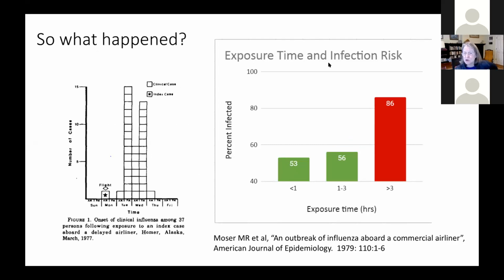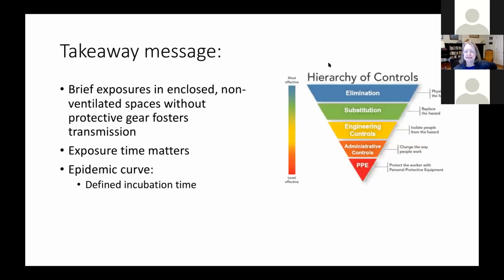And the attack rate, the percent of people who were infected, went up tremendously depending on how long they were exposed. Next slide. So the takeaway message from Homer, Alaska and the airplane is that brief exposures in enclosed, non-ventilated spaces without protective gear can foster transmission, and that exposure time matters. And also, you can define the incubation time for influenza from this kind of example. Next.